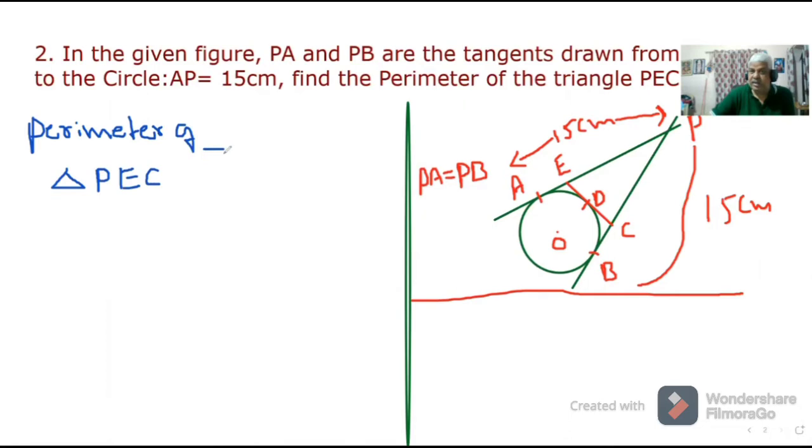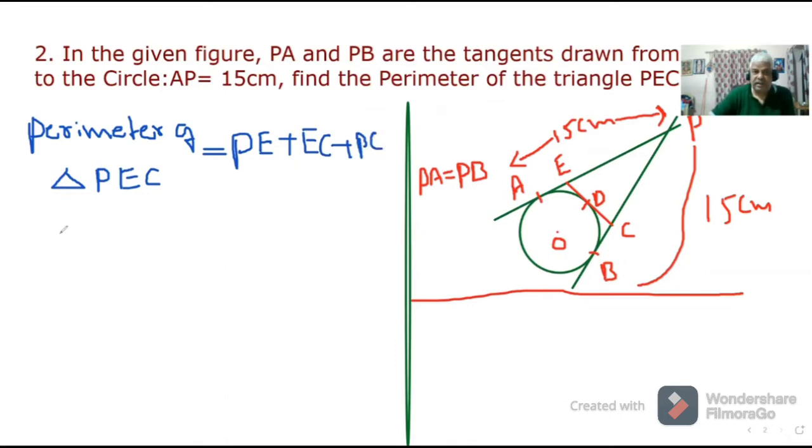Now, what is the meaning of perimeter? Perimeter is the sum of all the three sides of a triangle. Now here, you can take PE plus EC plus PC.